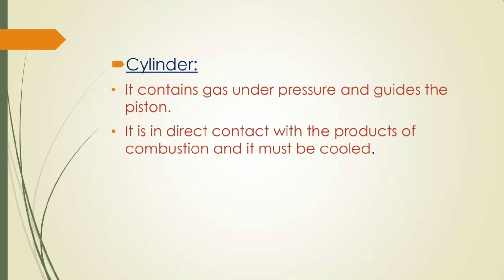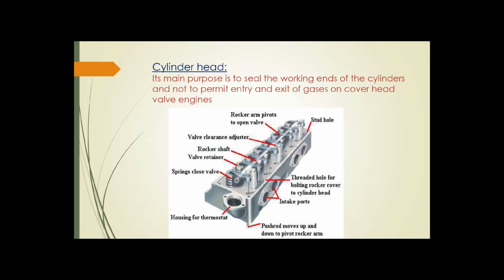It is in direct contact with the products of combustion, and the engine must be cooled with a proper cooling system. A cylinder head is placed above the cylinder. Its main purpose is to seal the working ends of the cylinders and not permit entry and exit of gases on overhead valve engines.